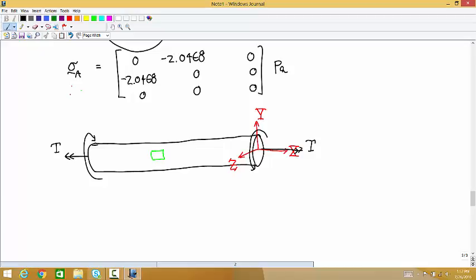And so this element deforms like that. And the only way you can produce that is with a shear stress down that way and up this way. And that is on the capital X face in the negative Y direction.